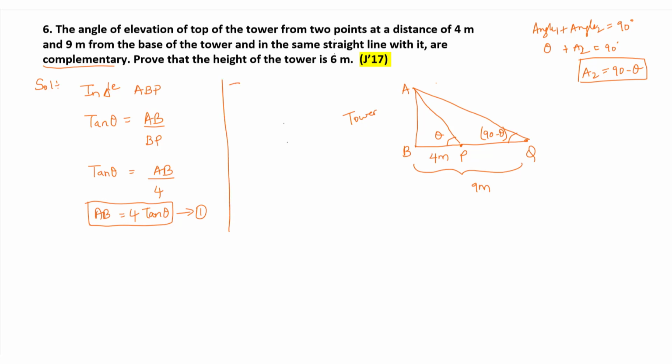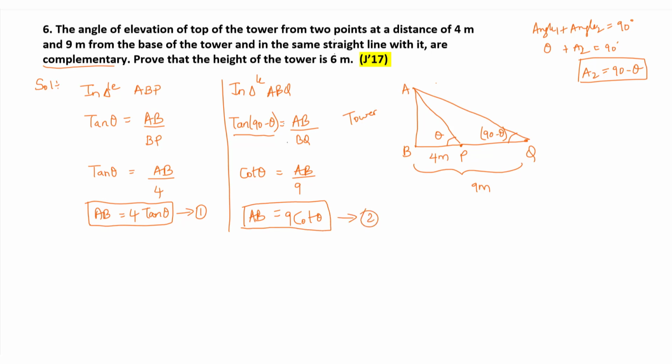Now in triangle ABQ, tan of 90 minus theta will be equal to opposite by adjacent, again AB by BQ. So tan of 90 minus theta is cot theta, which is equal to AB by BQ, which is 9 meters. From this we get AB as 9 cot theta. This is our equation 2.